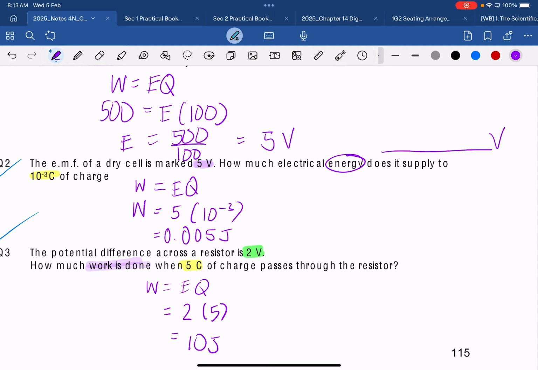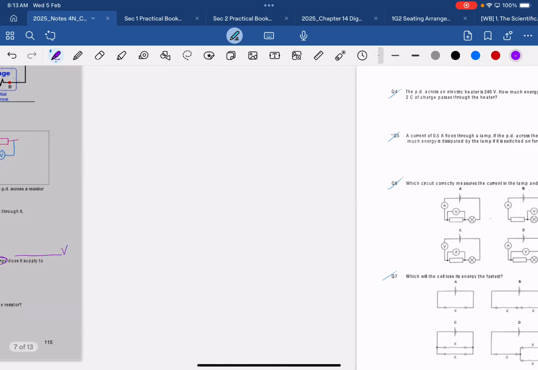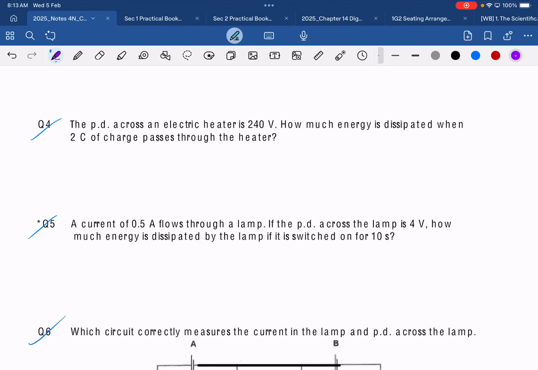Question? No, gone. Next, over here, PD, 240 volts, 2 C, you are supposed to find energy. So again, W equals EQ. W is unknown, E is 240 because it could be a PD, take note, okay? It need not be an EMF, okay? So Q is 2. Answer 480 joules.